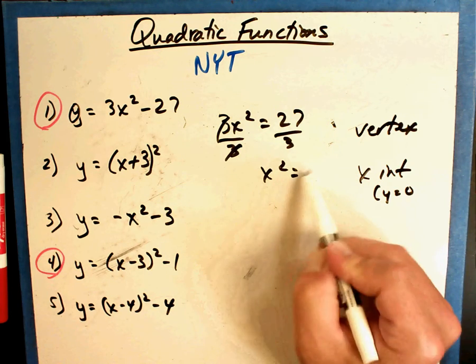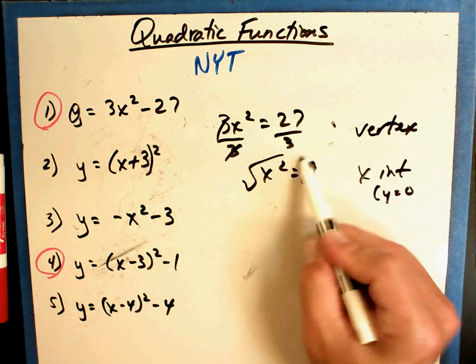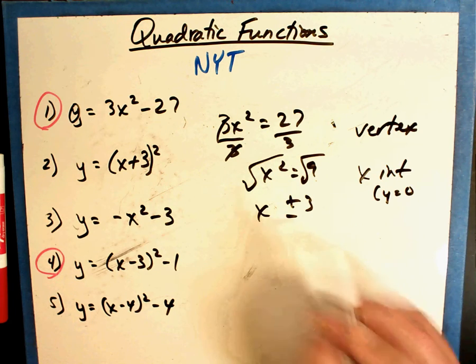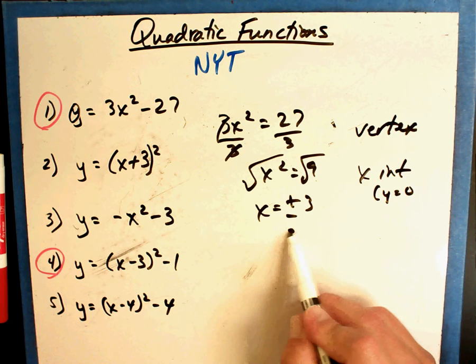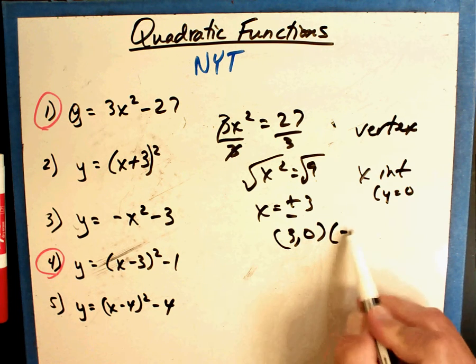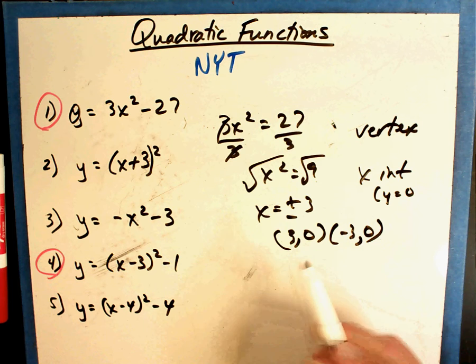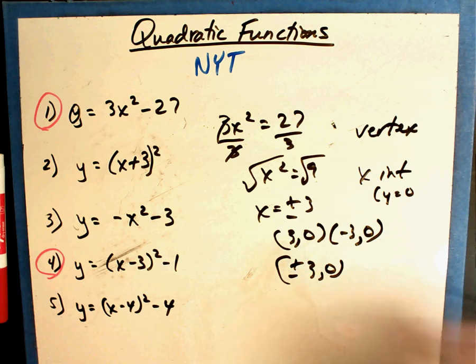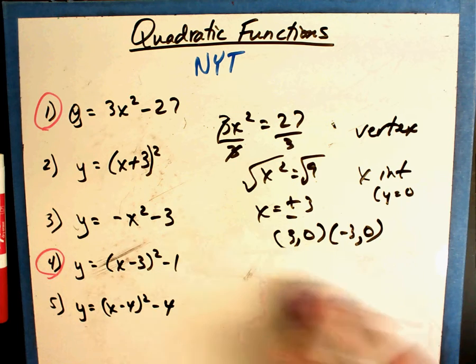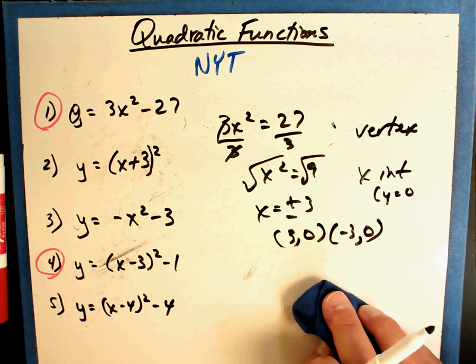X squared equals 9. Take the square root, that's plus or minus 3. So x equals plus or minus 3. So it's 3, 0, and negative 3, 0. Or I could have written it as plus or minus 3, 0 in one, but that's how they work out. So again, I've got my vertex, and now I've got my x-intercept.